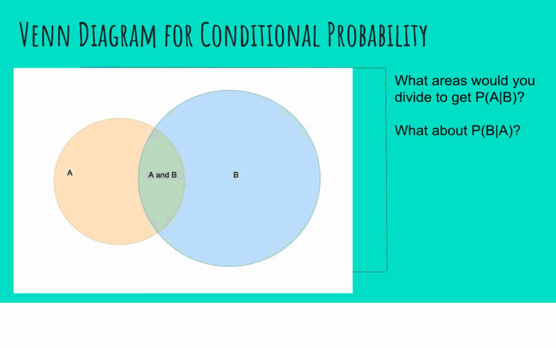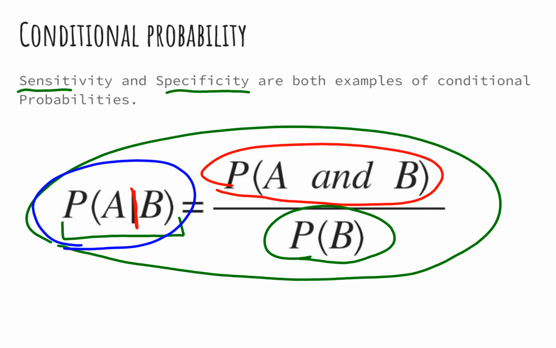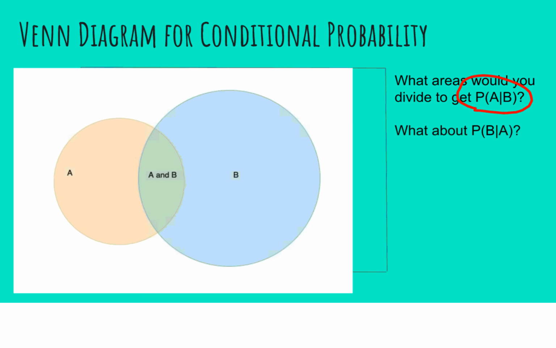All right, so let's take a look at some conditional probability from a Venn diagram point of view. If we were to look at this first probability here, the probability of A given B, we know from our definition that's the probability of A and B over the probability of B. So if we look at the picture, the probability of A and B is this region in the middle where both A and B are occurring.